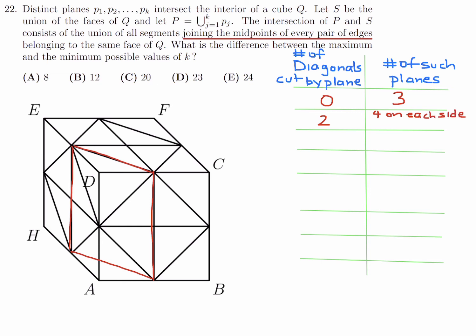Like that. And what I really mean by that is 4 that begin on each side. So, for example, you see this one here, it begins here, so you can kind of call this the beginning point, and then it chops right through. There's another one that will begin here, another one that will begin here, another one that will begin here. So 4 that begin on each side.